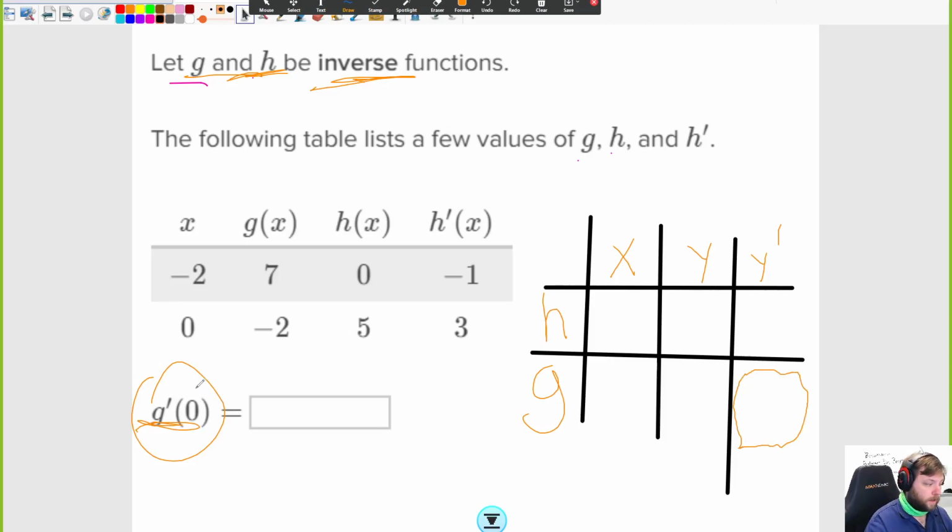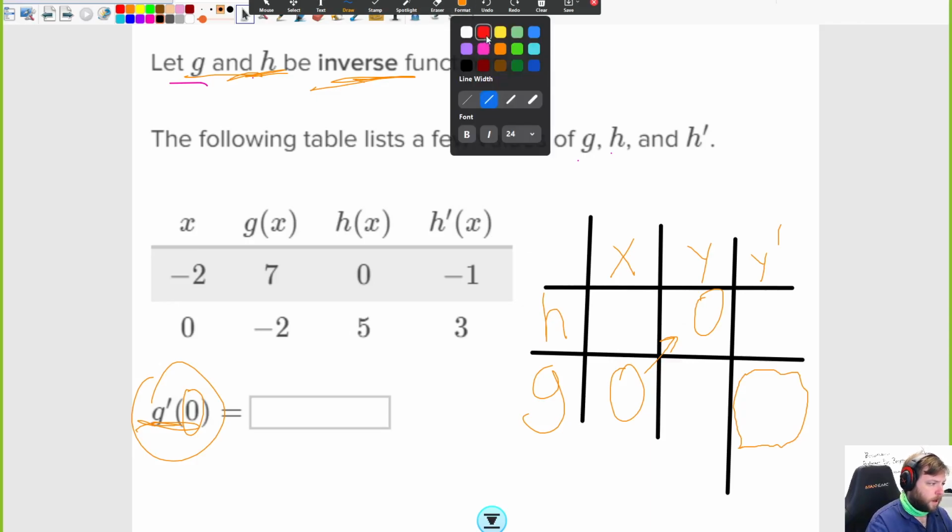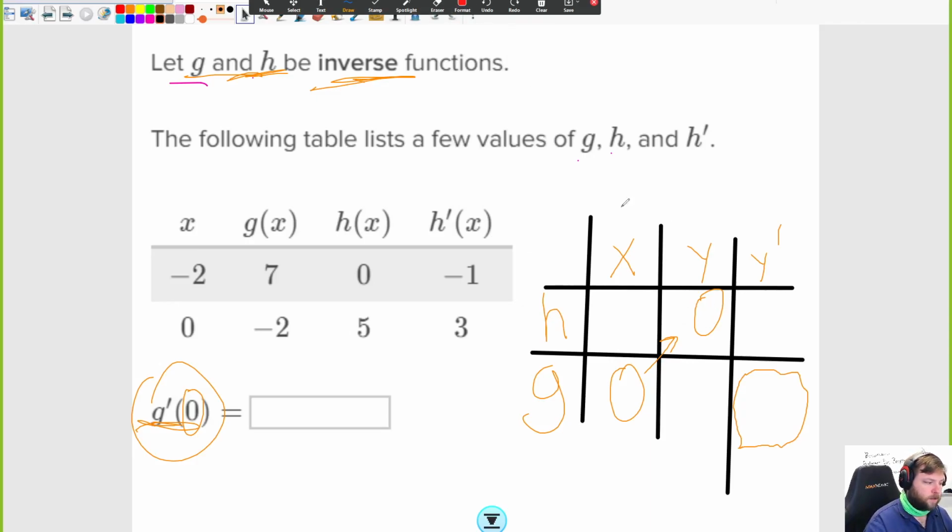So what is my given information here? That's given as 0. I know this is 0. This also has to match up in a line here. And you got to watch this carefully. The y value is 0 for h. This column means the y value for h. So I'm going to go to this 0, which corresponds to the -2.